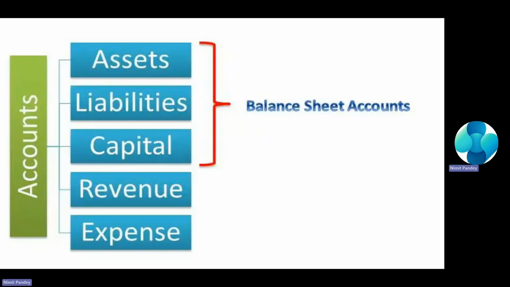So first we understand what assets and liabilities are. Anything which we have, and which has value for more than 1 year, meaning it's not a consumable thing, is our asset.